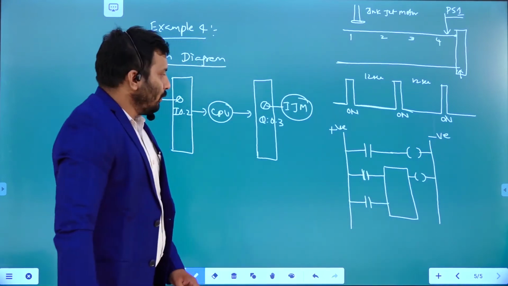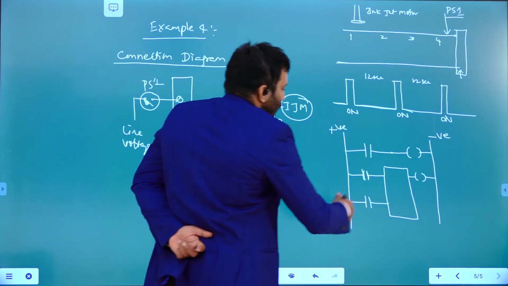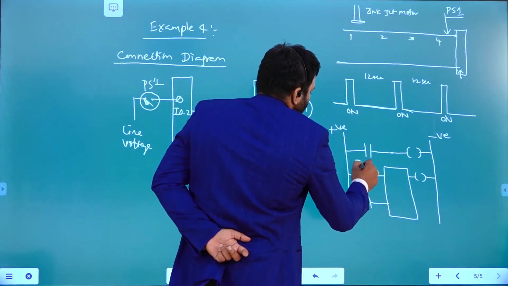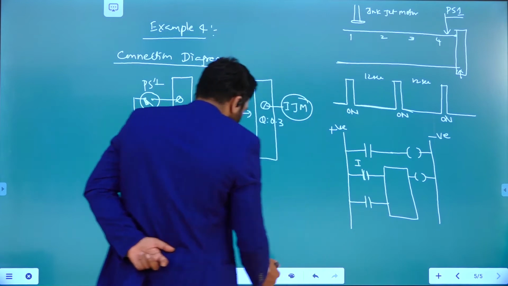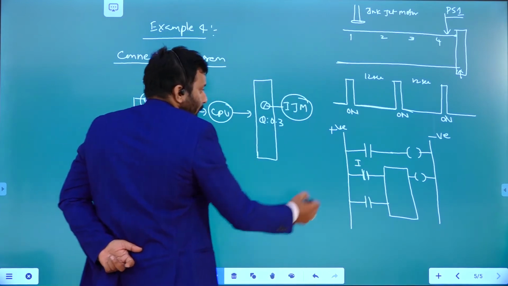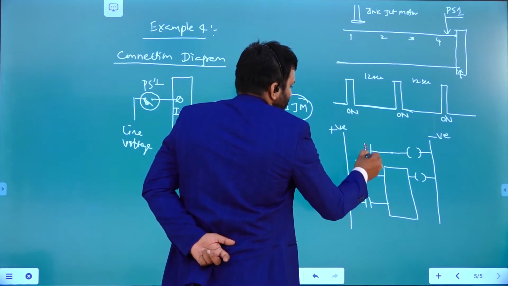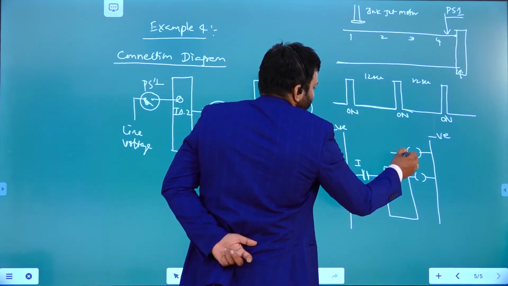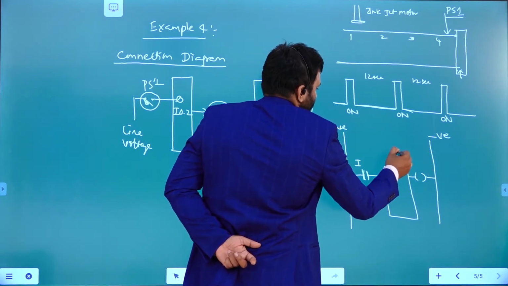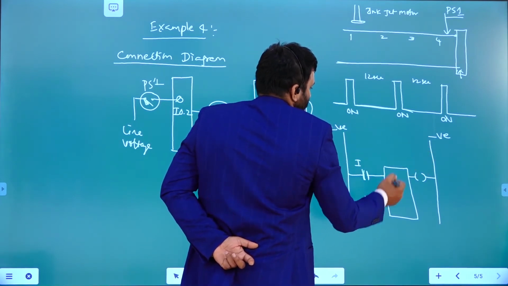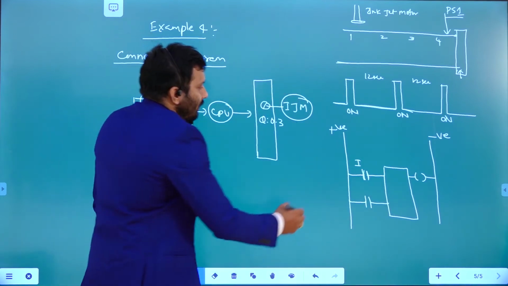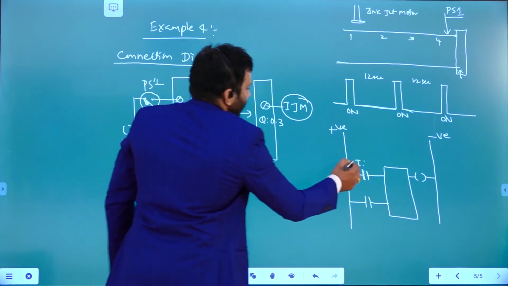So whenever input is there, input I, it's not required. What is the terminal address here?